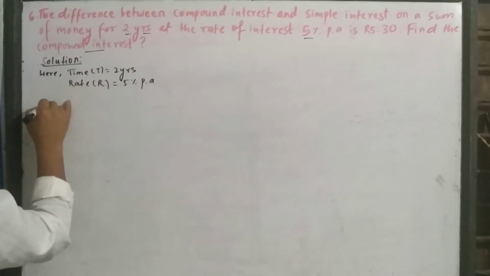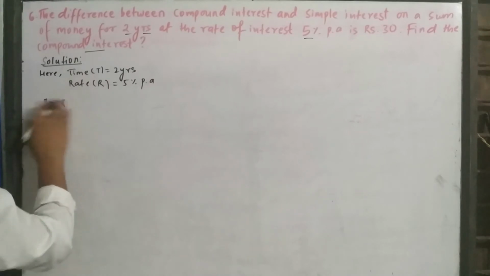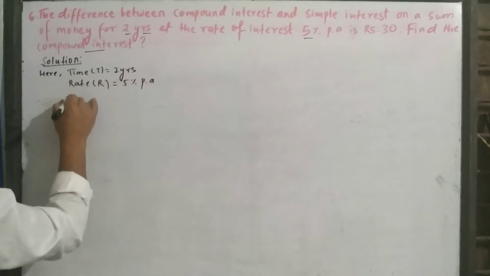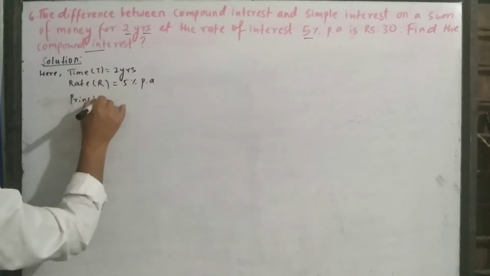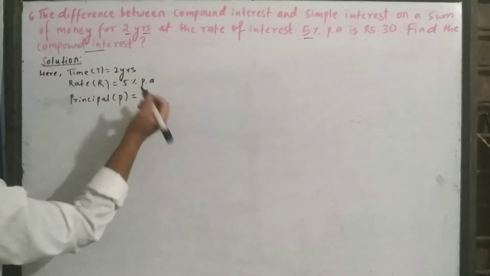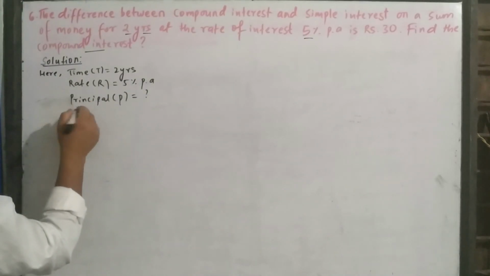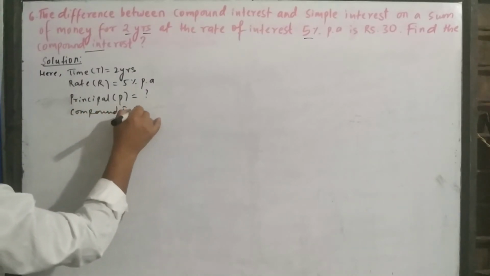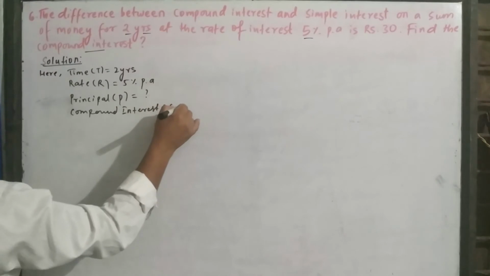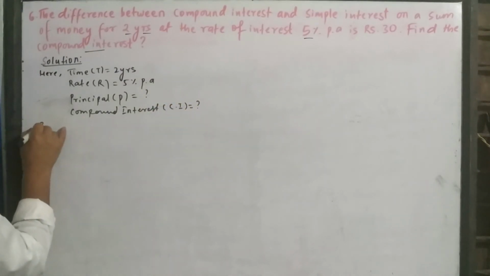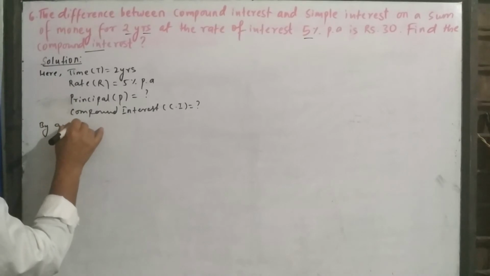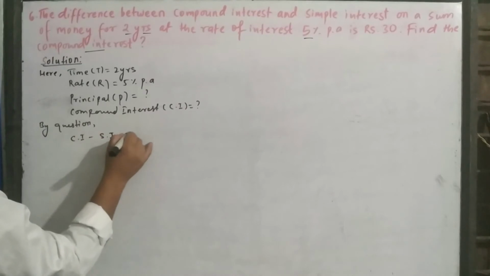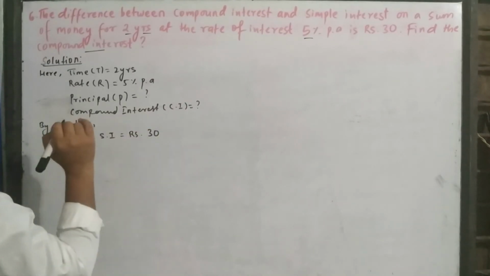So by question, principal P is equal to what? We don't know it. After finding the principal, we find compound interest. By question, we know compound interest minus simple interest is equal to rupees 30.